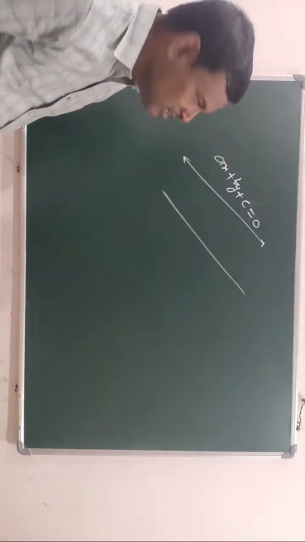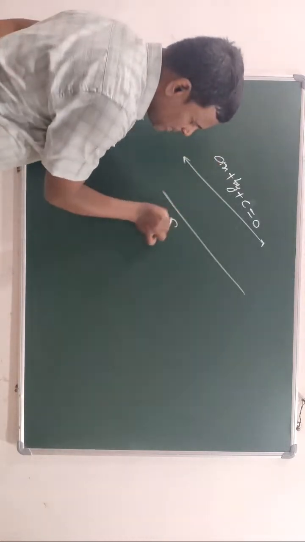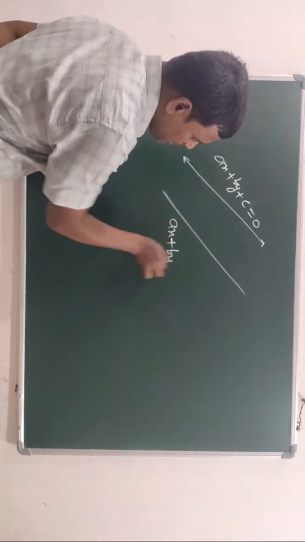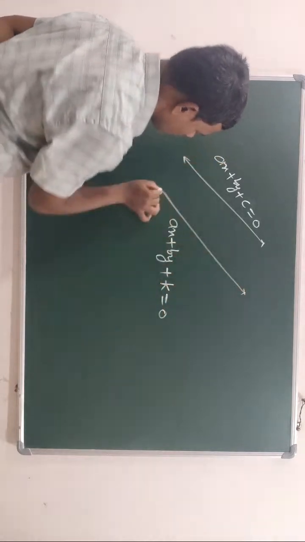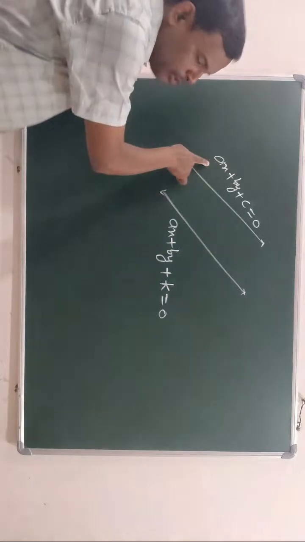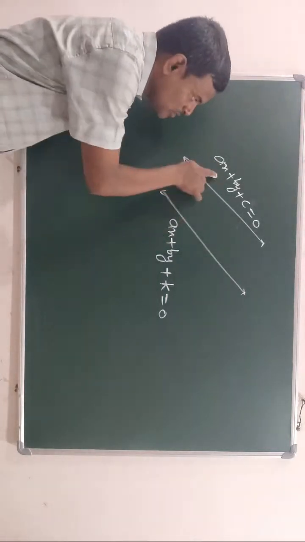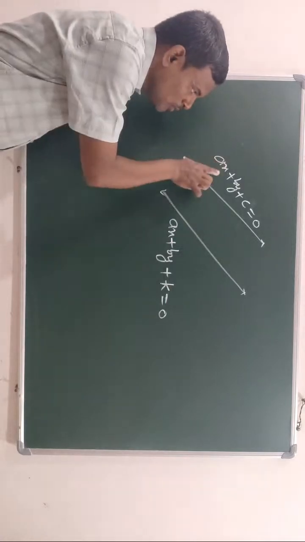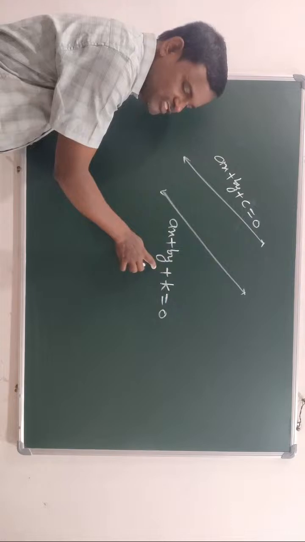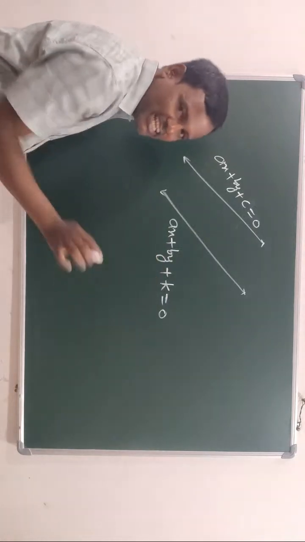And the line which is parallel to this line will be in this form. ax plus by plus k equal to 0, where k is any real number.